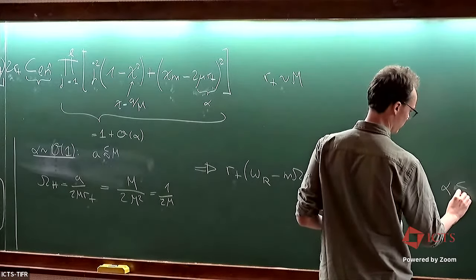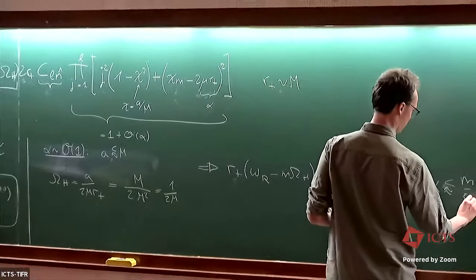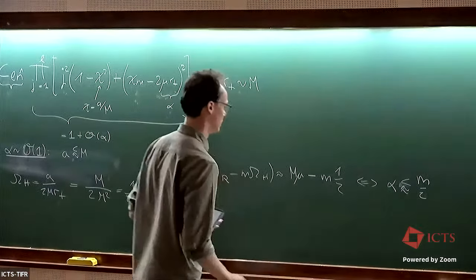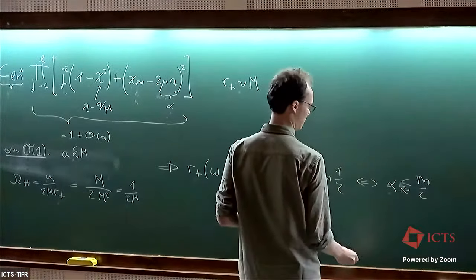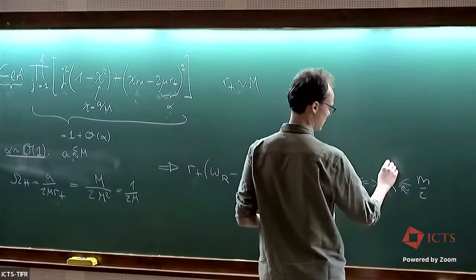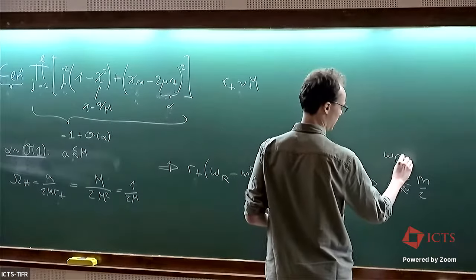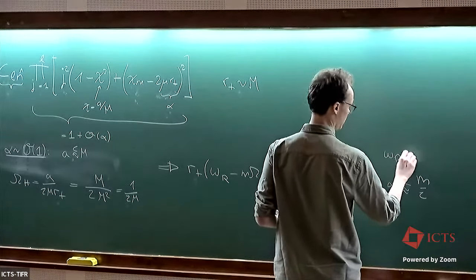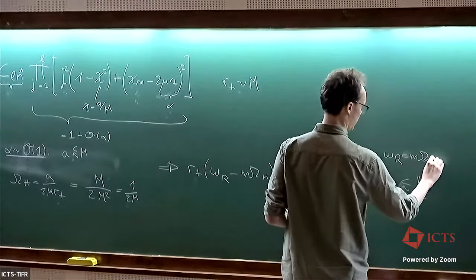So maybe like this again, m over 2. Okay, so mu times m is just alpha, and yeah. So at this point, this is basically just satisfying that omega r is equal to m omega h.